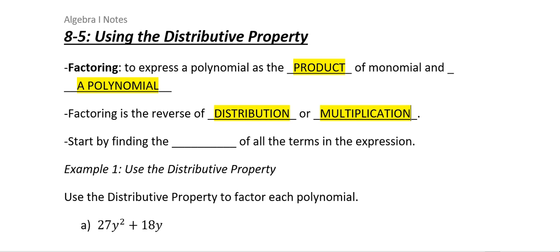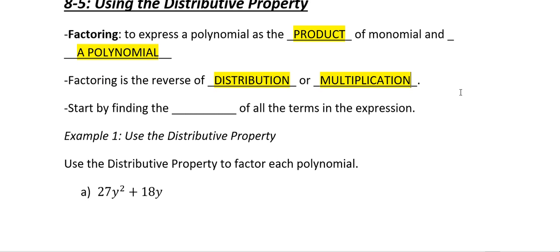It's not saying one or the other, it's saying we can think of it as the reverse of distribution or the reverse of a multiplication. We're going to create something, and then if we multiply it back out, we can check it and make sure it's right.